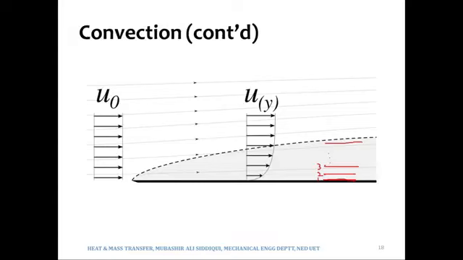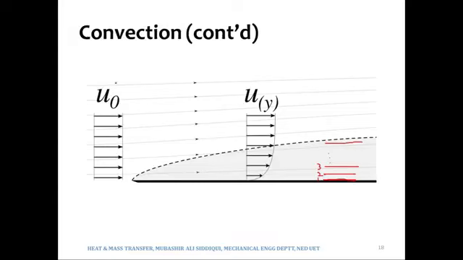So what is happening is that as we are moving far away from the plate, the effects of the plate are being minimized. The effects of the plate will not be that strong if we are far from the plate. The closer we are to the plate, the effects of the plate would be felt strongly. So 0 meters per second, then 0.5 meters per second, then 1 meters per second, then the fourth layer would have 1.5 meters per second, and so on, till we reach a point where the effects of the plate will not be felt at all.